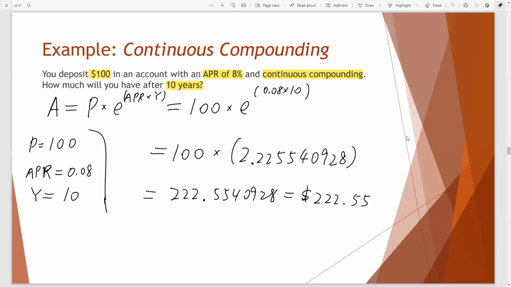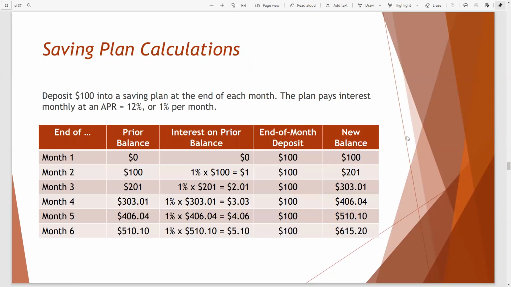All right, but this unit is the saving plan. You deposit $100 into a saving plan at the end of each month. You're not making a one-time payment, you're making regular monthly payments.